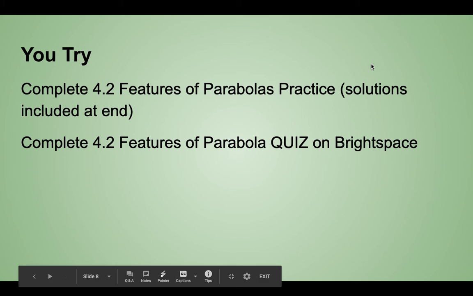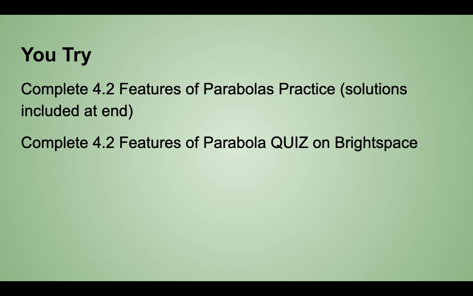So what I want you to do, I've made up a practice set called 4.2 Features of Parabolas Practice, and I've included the solutions at the end in a table. I've just done some graphs on Desmos and gave them to you with the equation as well.